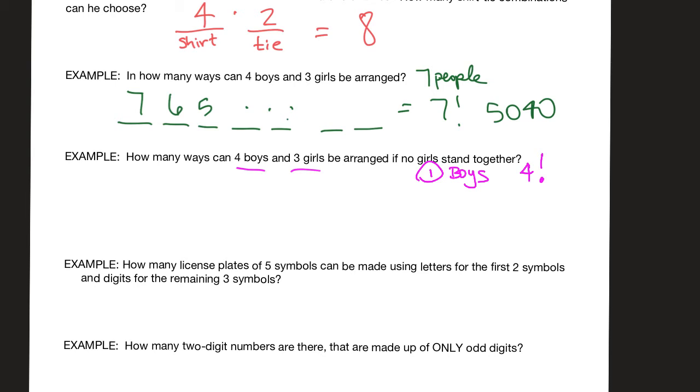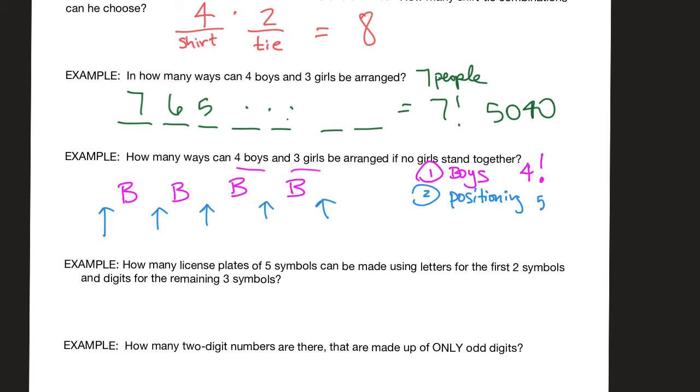So let's just assume that I have a boy, a boy, a boy, a boy. Next, I need to pick the position of the girls, because there's only 3 of them, and they just can't stand together. But there's a lot of different places that they could stand. So this is the positioning of the girls. Am I going to put them in that position or that position? These are all the possible places that those girls could stand.